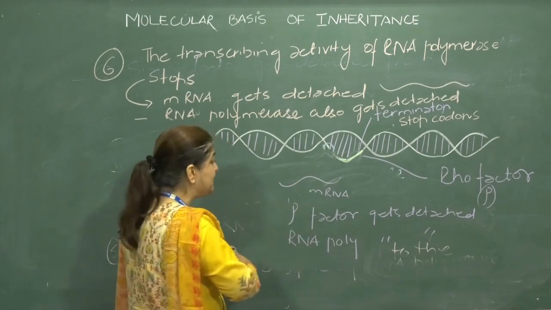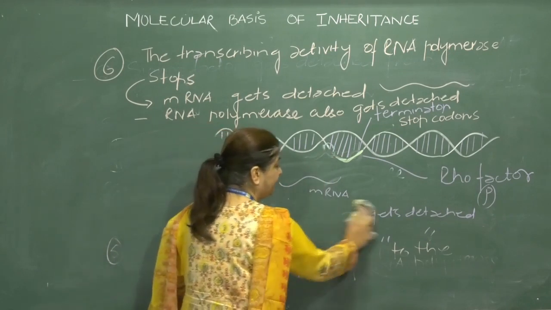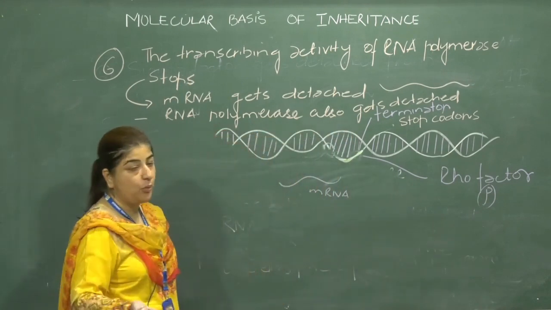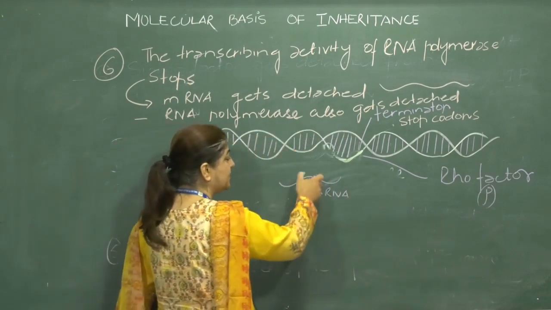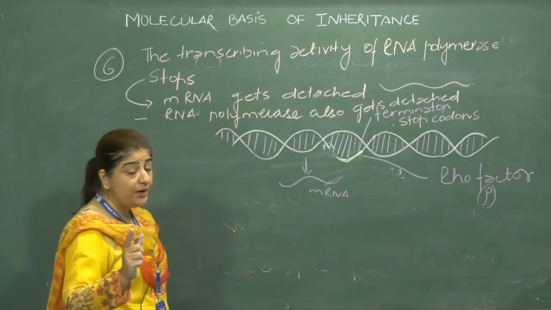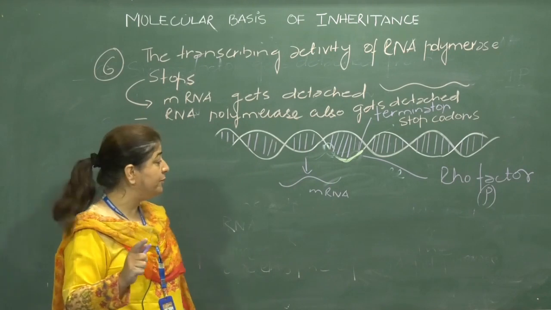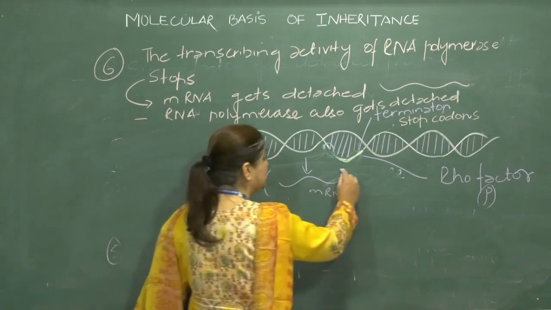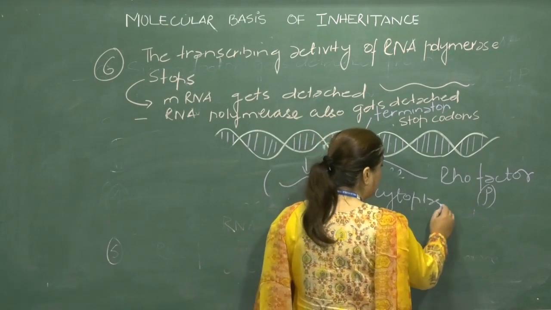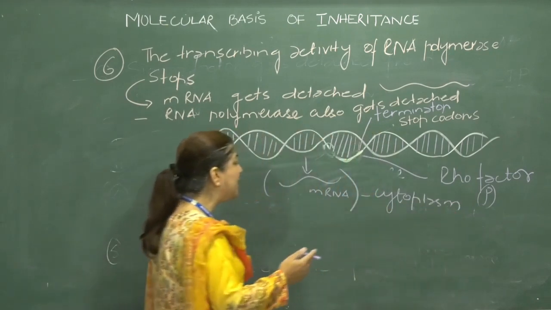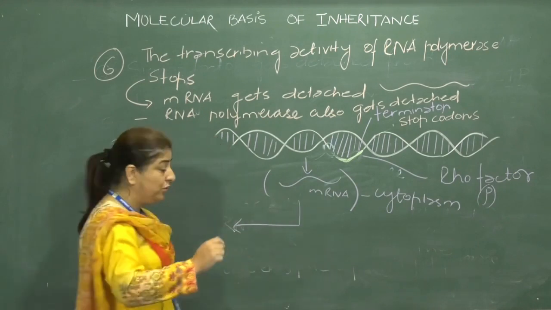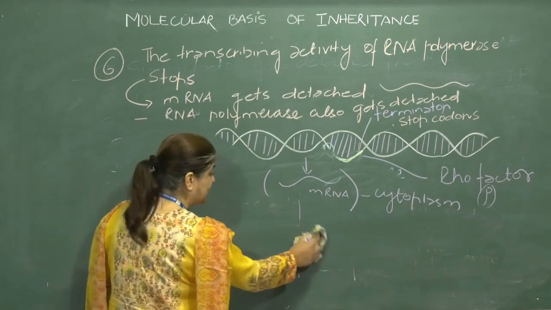What happens to this mRNA after the process of transcription is over? At the end we got this mRNA. Now in case of prokaryotes, you should remember, this mRNA is synthesized in the cytoplasm only. So immediately once this mRNA is synthesized, no modification takes place in this mRNA.